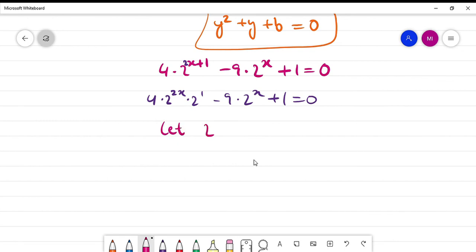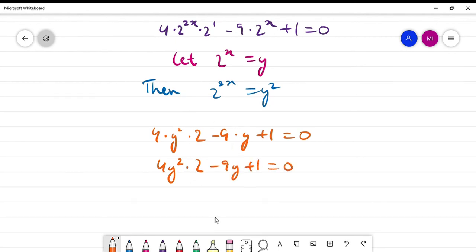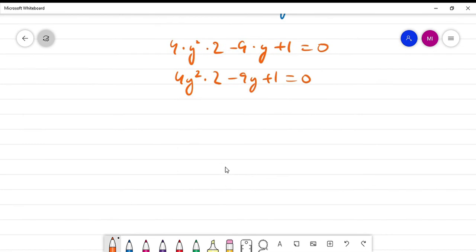Let's let 2 to the power x equal y, then 2 to the power of 2x will equal y squared. So we get 4 into y squared into 2 minus 9 into y plus 1 is equal to 0. And so we get 8y squared minus 9y plus 1 is equal to 0.